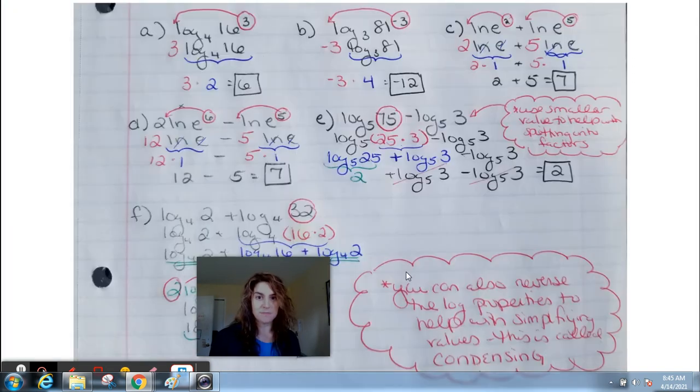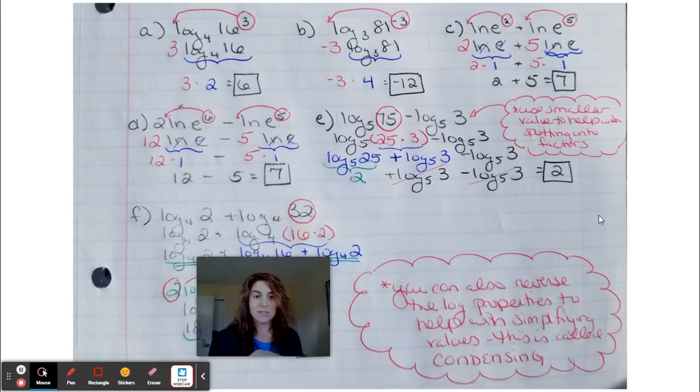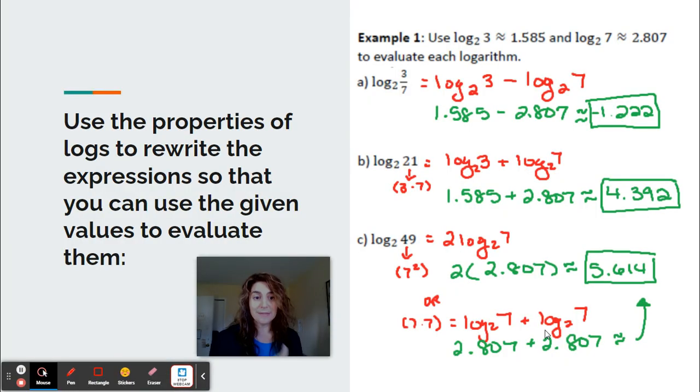So I can just create it to be log base 2 of 7 plus log base 2 of 7. You're going to get the same answer in that case. And again, once I'm able to expand it and set it into those logs, I can substitute what I was told they were, 1.585 and 2.807, put them where they belong, and finish my calculations.